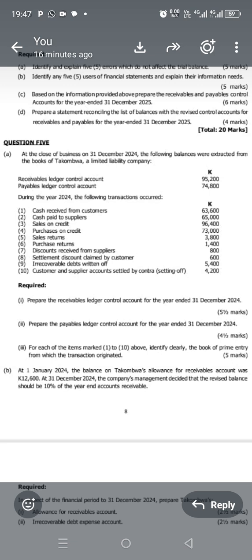So the contra item is recorded on the credit side of the receivable ledger control account. And in the payable ledger control account, it is going to be recorded on the debit side of the payables ledger control account. So that is it there.